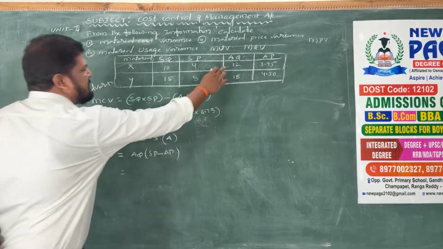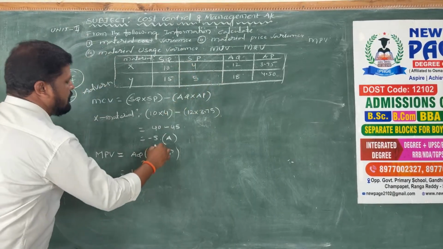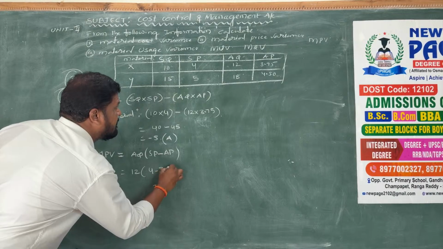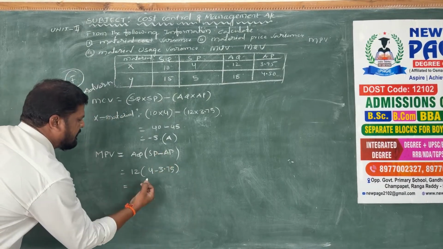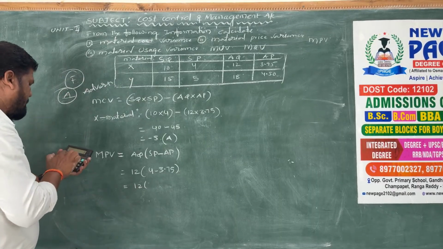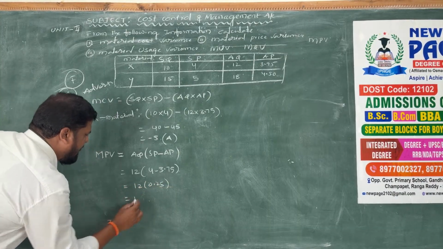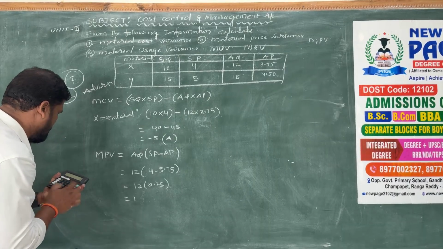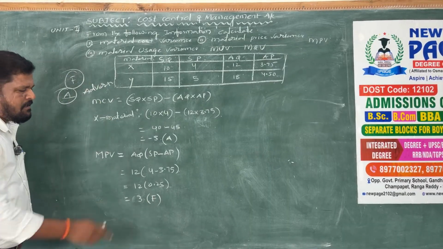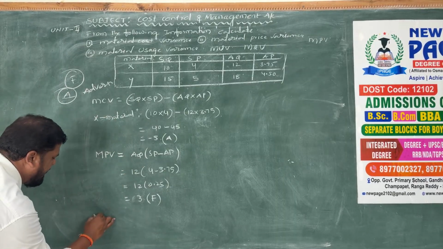Actual quantity is 12 units, standard price is 4 rupees and actual price is 3.75. So 12 into 4 minus 3.75, which is 0.25. 12 into 0.25 is 3. This is favorable. Right?